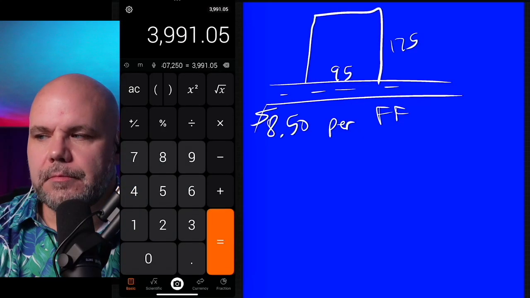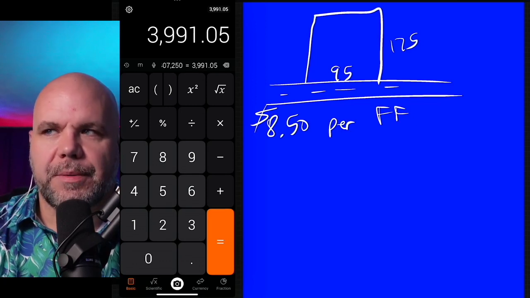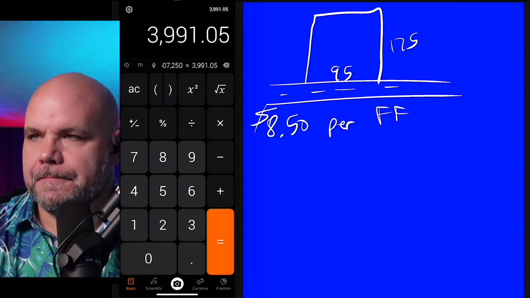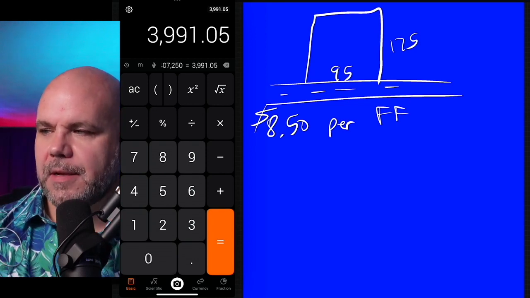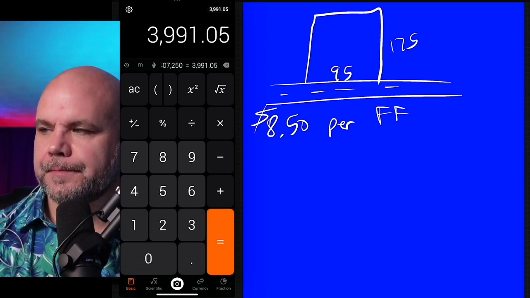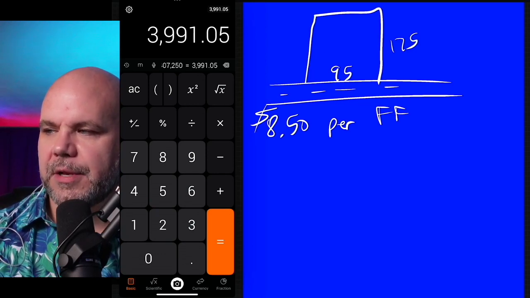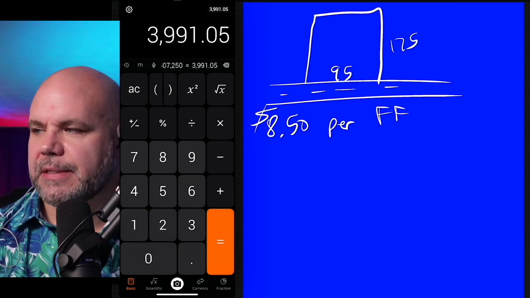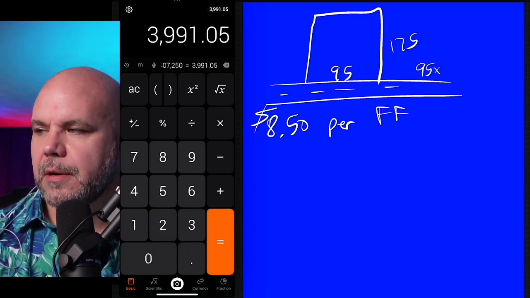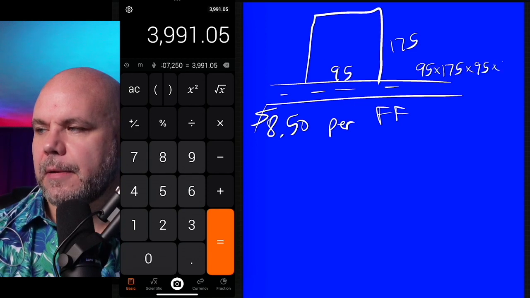Well, what's a front foot? What do we mean by front footage? It's just the property that's along the road. You got it. And they might give you the dimensions like they did just then, or they might say the property dimensions are 95 by 175 by 95 by.